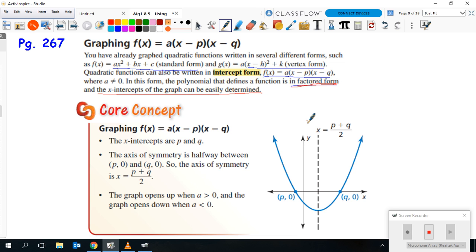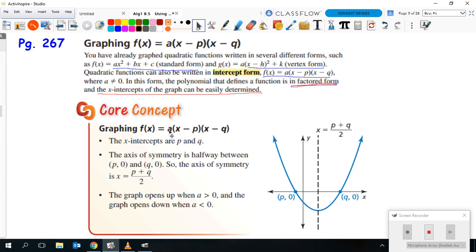Again, we see the parabola, the U-shape. This time we're seeing it in factored form. So it's like this. It has an a still. So the a number is still going to determine whether it's opening up or down. If this is positive, it's opening up. Negative, it's going down. Also, the a number tells you about the parent pattern we talked about. We'll do the same thing here as well.